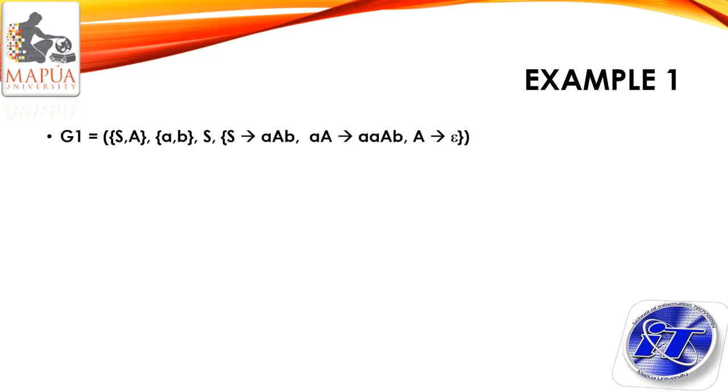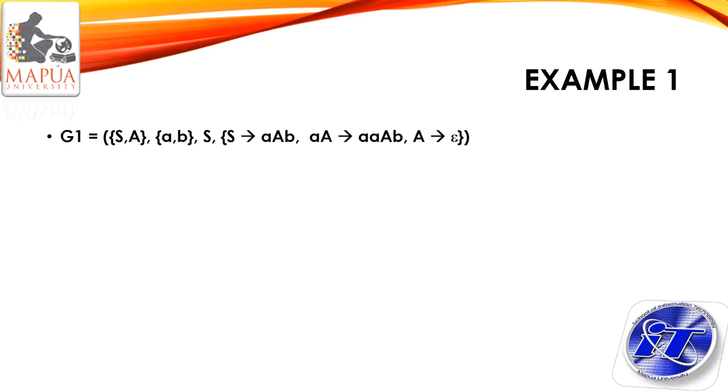For example, we have this grammar that contains these four tuples. S and A are the non-terminal symbols, a and b are the terminal symbols, S is the start symbol, and then the rules define the different strings acceptable by the machine.